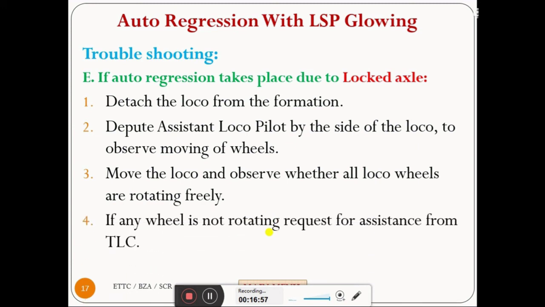If any wheel is not rotating, you can conclude that the TM has locked axle, and request for assistance from TLC. So breakdown staff assistance is required.